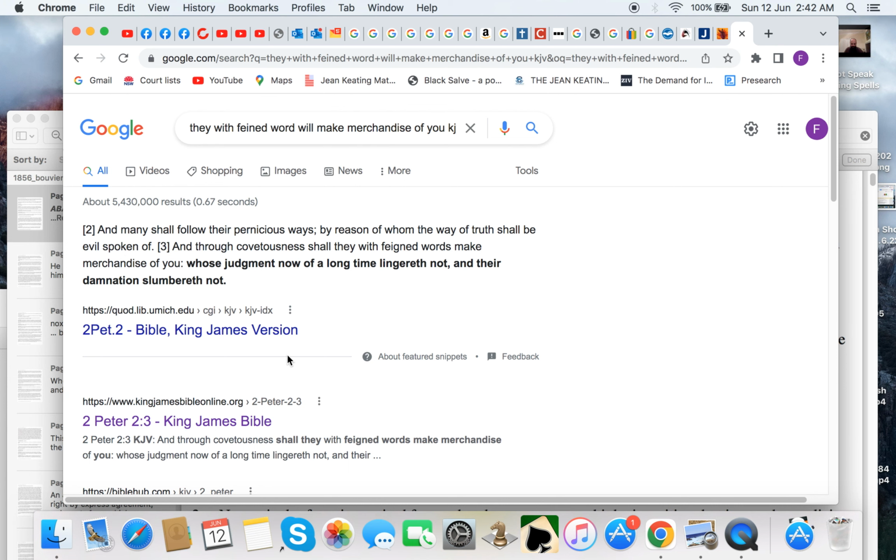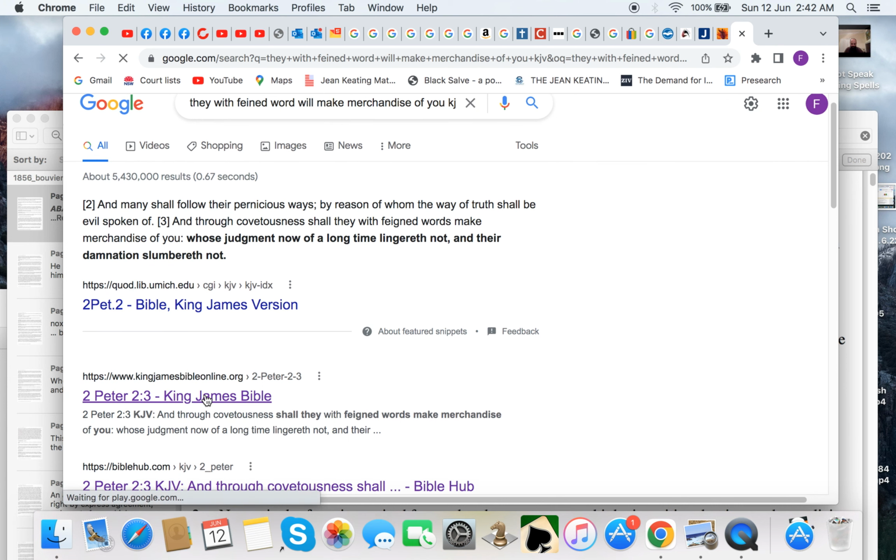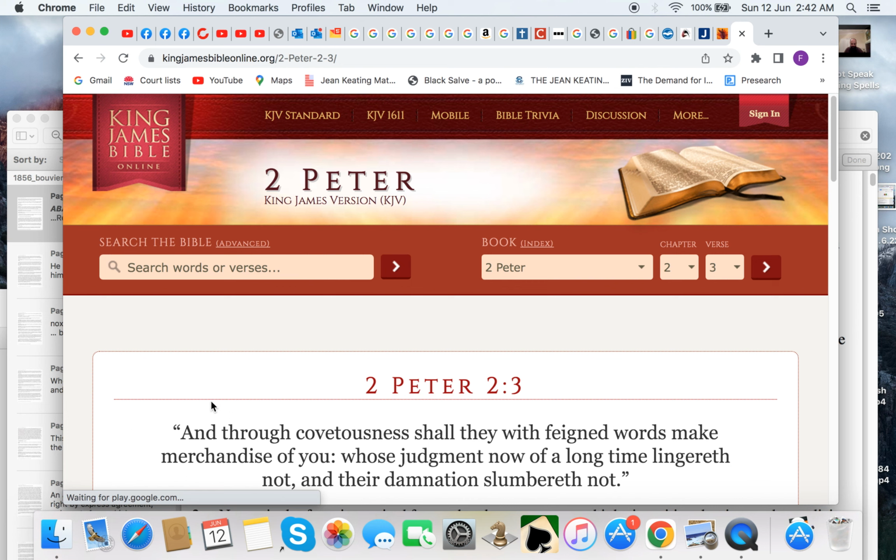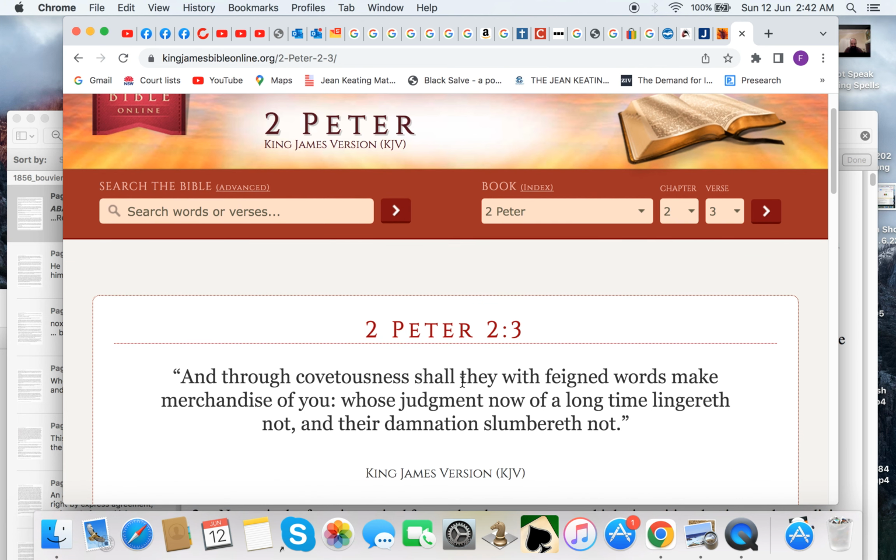No, that's not it. Where's KJV? Here we go. And through covetousness shall they with feigned words make merchandise of you, whose judgment now of a long time lingereth not, and their damnation slumbereth not. So feigned words means deceitful words, and they shall make merchandise of you.